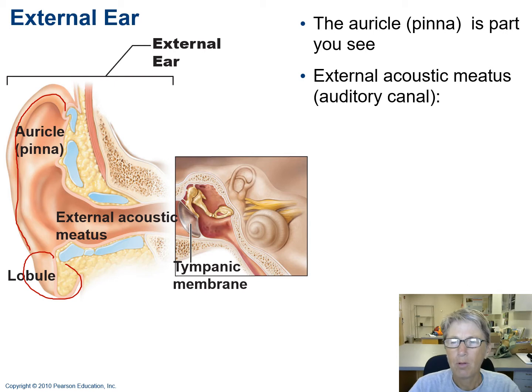So remember, like when we did skeletal systems, a meatus, so that's an opening. Acoustics, you probably heard that when you hear, what are the acoustics like in that arena? And then external, obviously the external environment. So this is the external acoustic meatus.